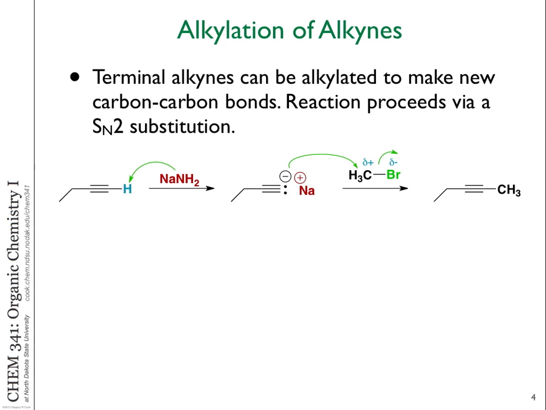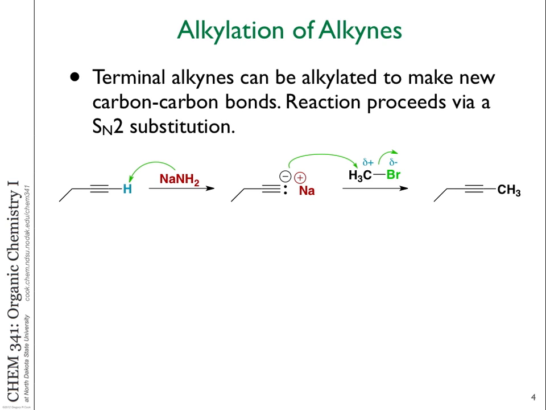And so if you think about doing carbon-carbon bond formation reactions, we can combine the ability to make a carbon nucleophile with the types of functional groups that we've already talked about as electrophiles and form carbon-carbon bonds.